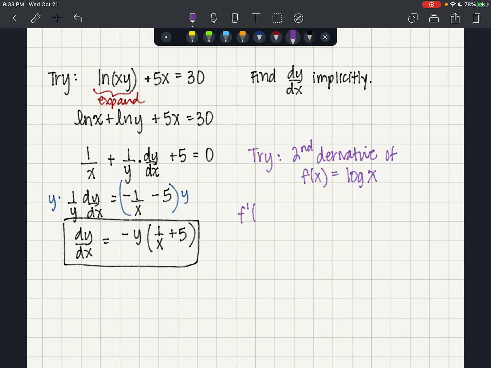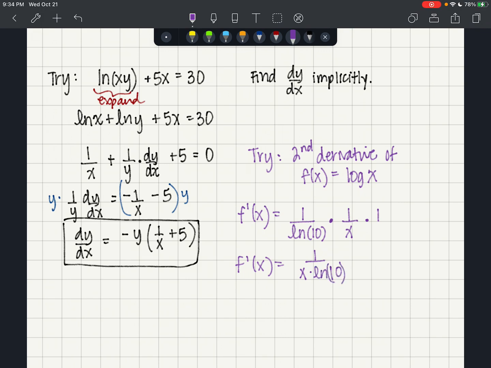F prime of x is equal to the derivative of log of x, which is 1 over the natural log of the base, which is 10, times 1 over the argument, which is 1 over x, and then times the derivative of the argument, which is just 1. So f prime of x would equal 1 over x times the natural log of 10.